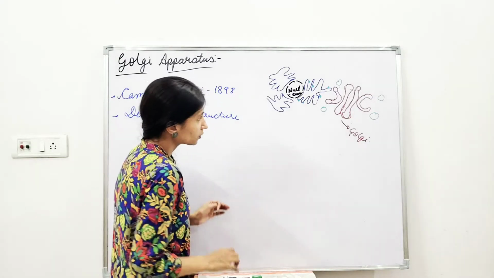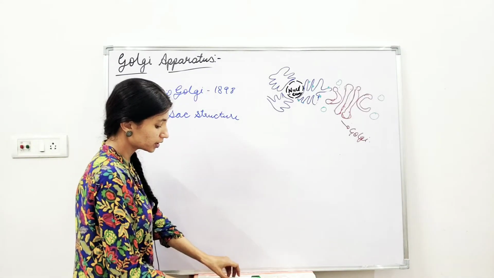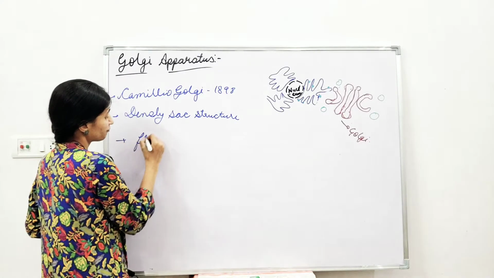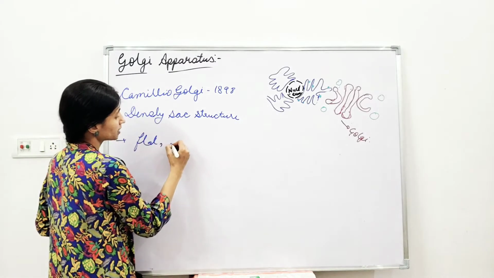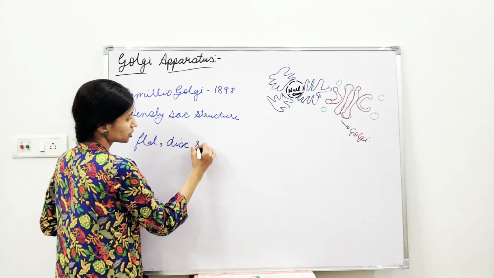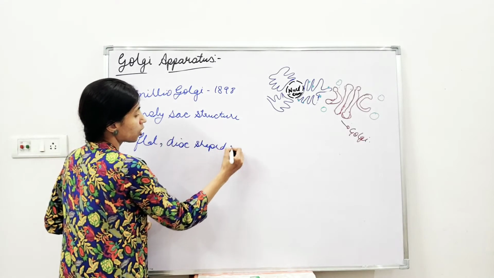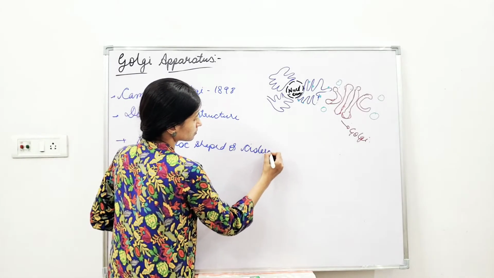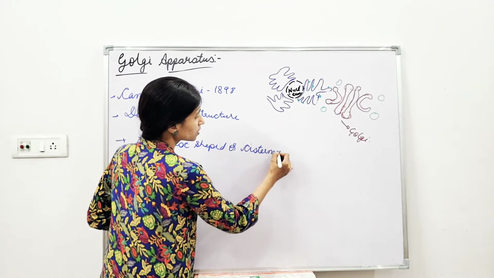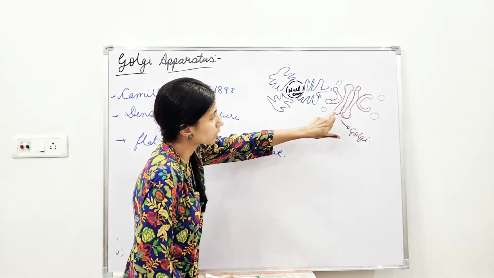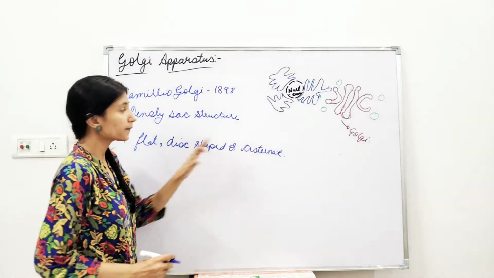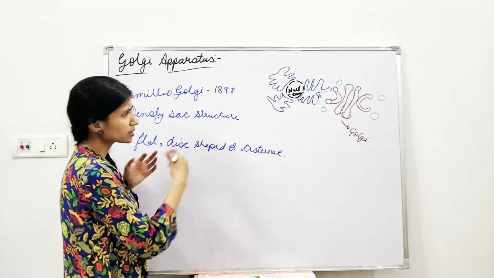Now, he found a tubular-like structure, and what he saw was flat, or you can say disc-shaped, or cisterna. So this structure of the Golgi is also called a cisterna. Now, this was the total structure of the Golgi.